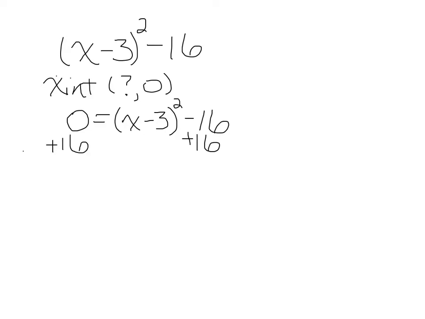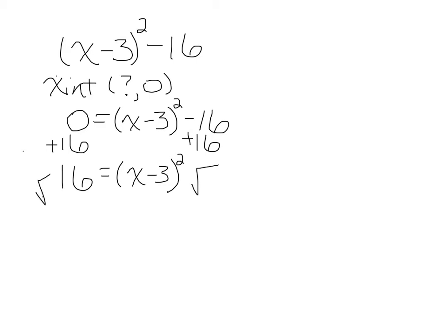0 plus 16 is 16. Negative 16 plus 16 is 0. Then I will get rid of the exponent. To get rid of an x squared, I do its inverse, which is square rooting. What I do to the right, I must do to the left.